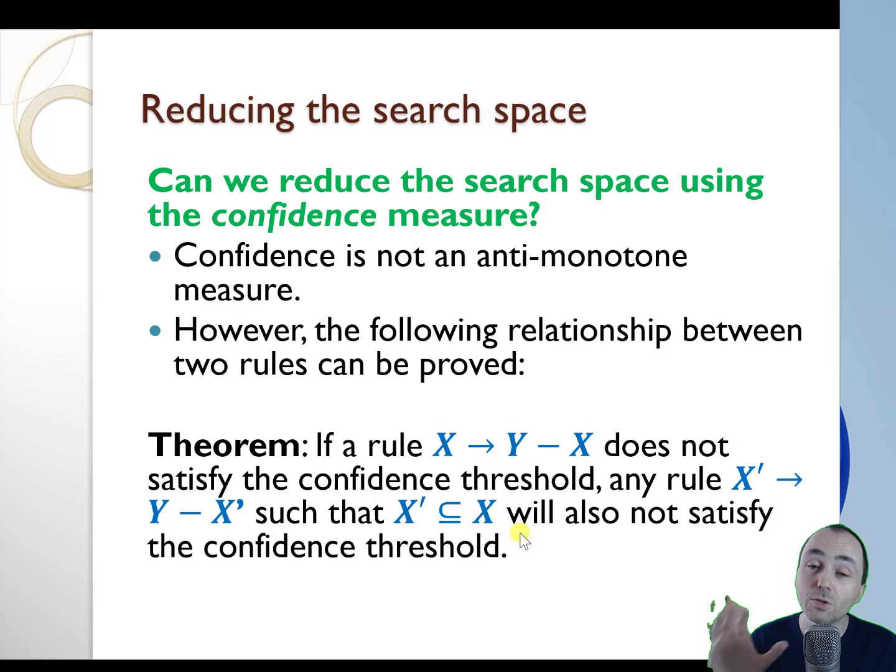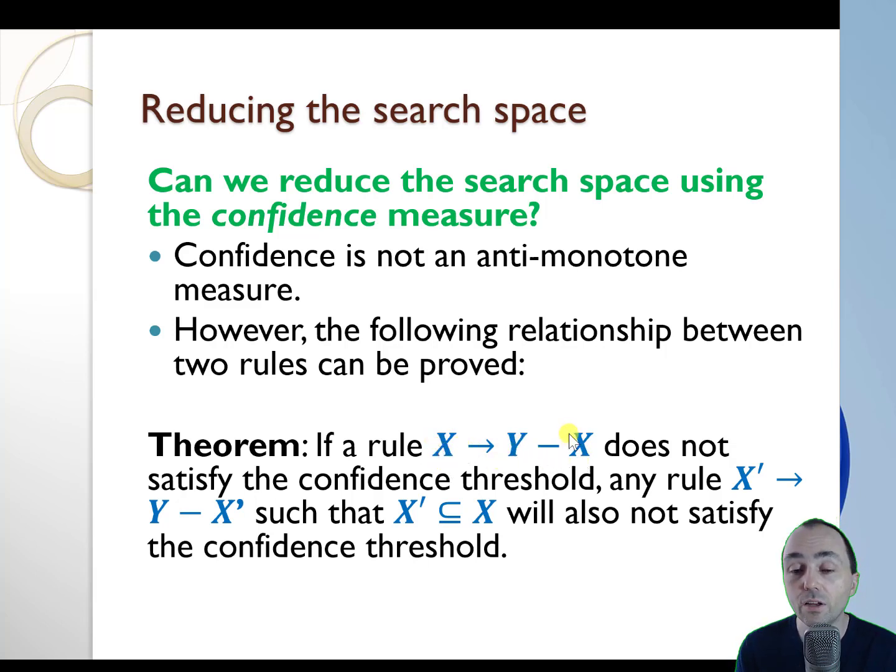This one is not so obvious, so I will give you some examples to show it more clearly. So let's say you have a rule X imply Y minus X. For example, Y is ABC, X is A. So you have a rule like A imply BC.